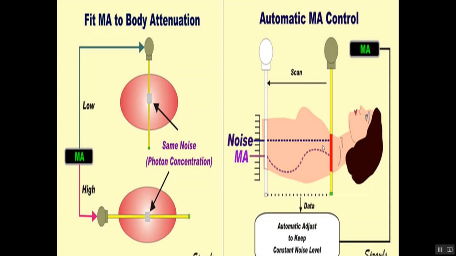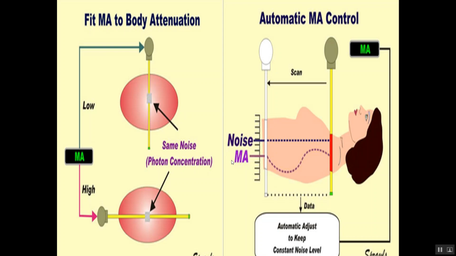In the shoulder region, increase to a higher milliampere, but in the abdomen region reduce the milliampere. So you will obtain a constant image quality level throughout the body length, longitudinally along the patient.